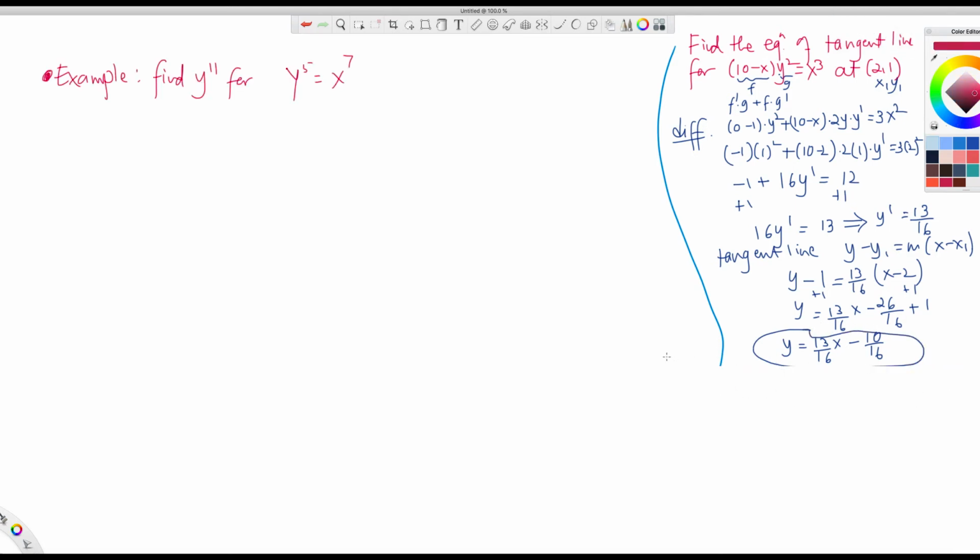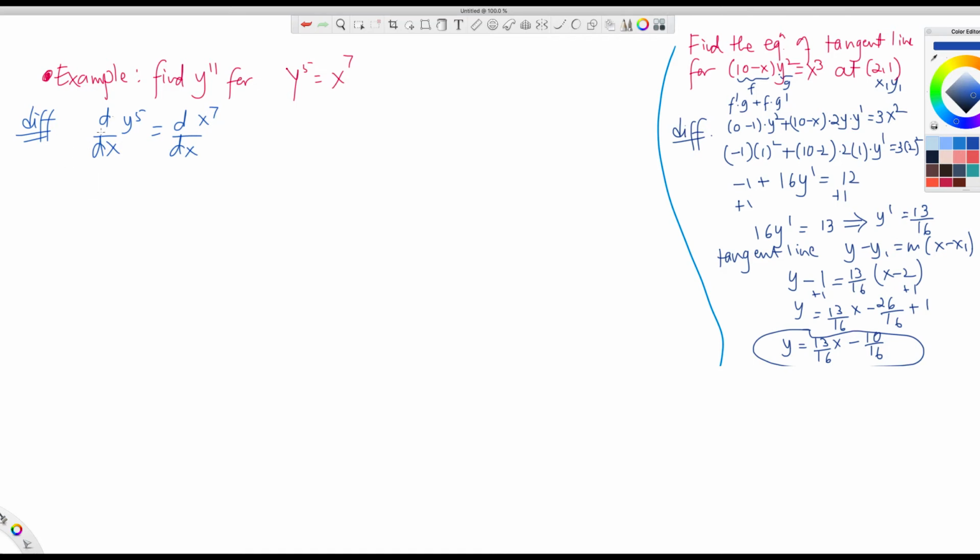Actually, I had to close the software because there was an error. So this was the last question that I had written on that page. Okay. So how do I find the second derivative if y to the 5 equals x to the 7? That was another question. So what we do is differentiate. You write d over dx y to the 5 equals d over dx x to the 7, right?